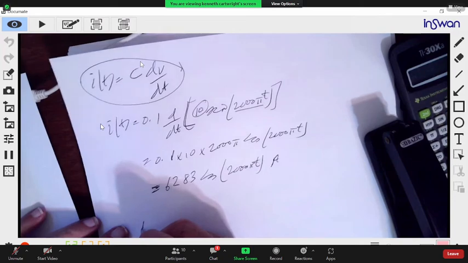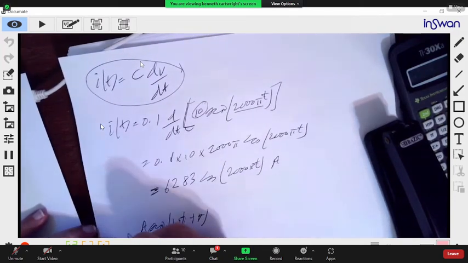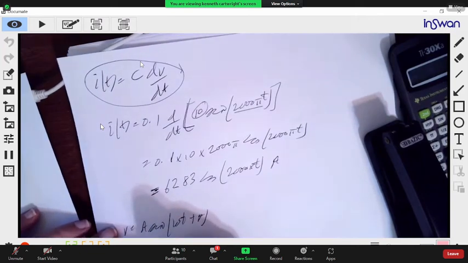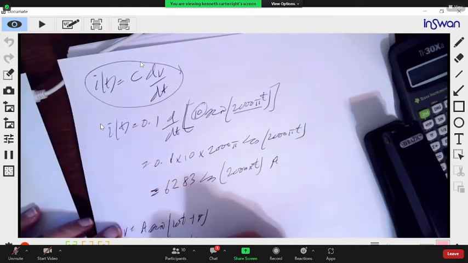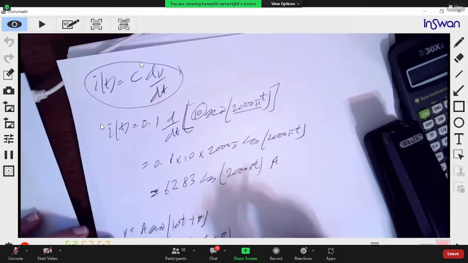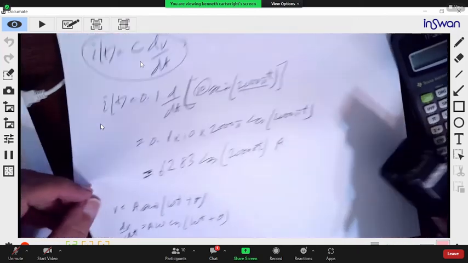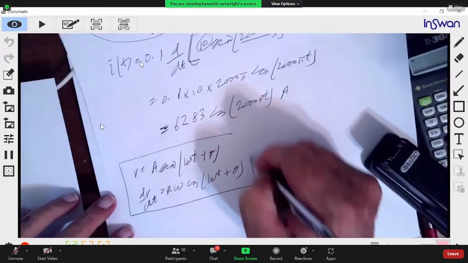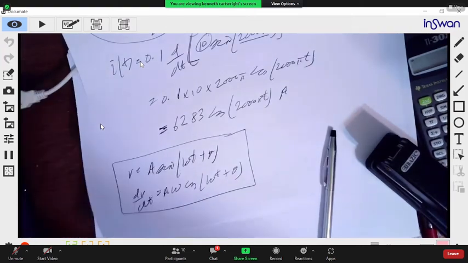If you have a sine of omega t plus theta, then the derivative is A multiplied by omega, changed to cosine. That's the rule that you learned. Any questions about that?